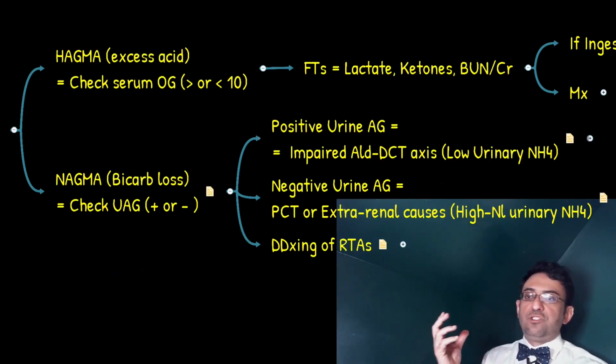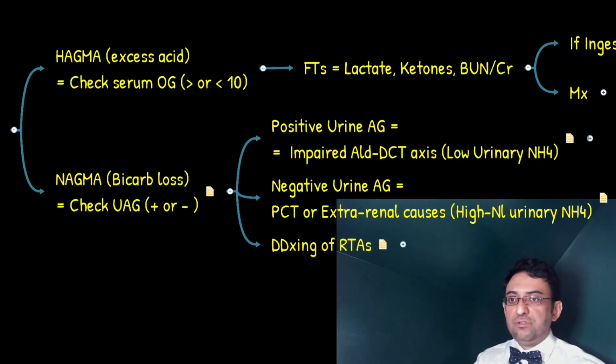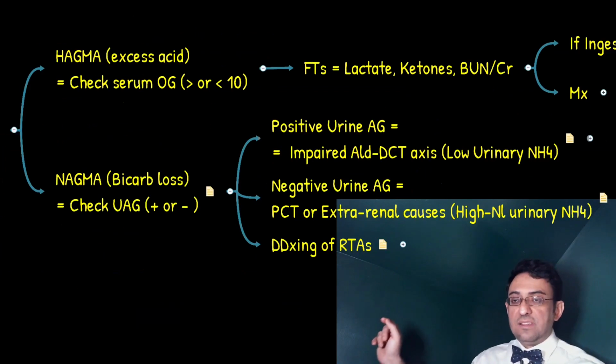In this condition, H+ secretion is impaired either due to renal tubular acidosis type 1, the distal type, or due to impaired function of aldosterone in stimulating distal nephron H-ATPase, and that is RTA type 4.